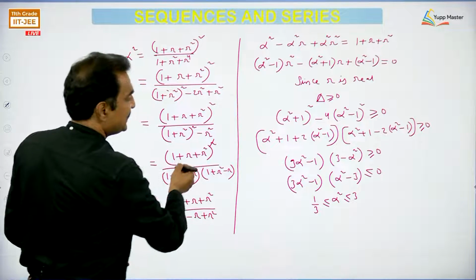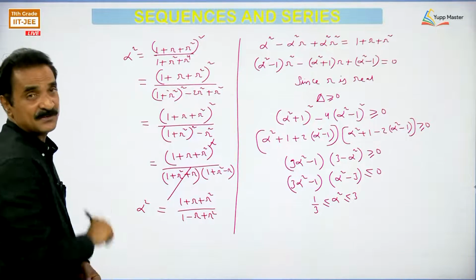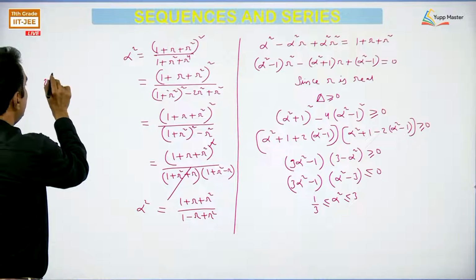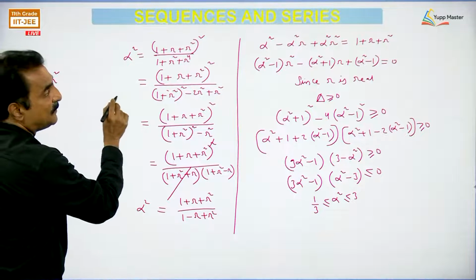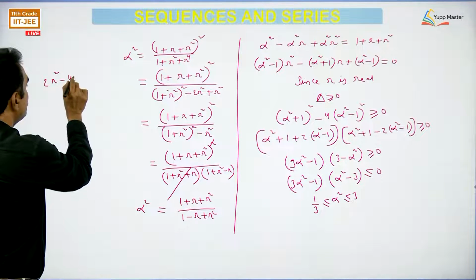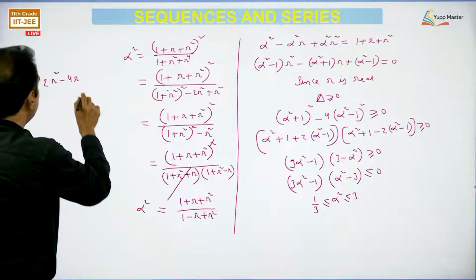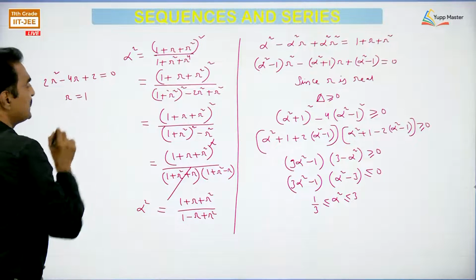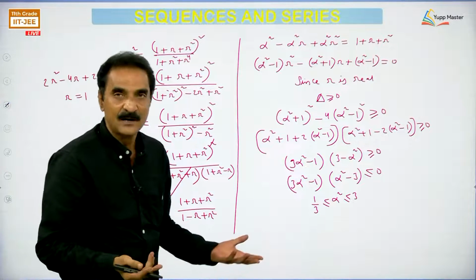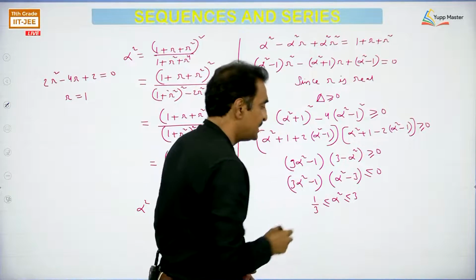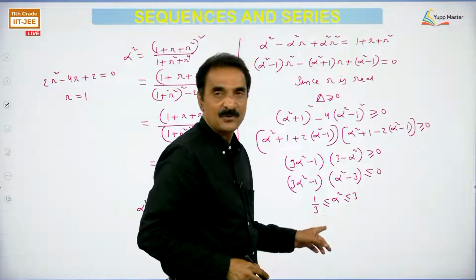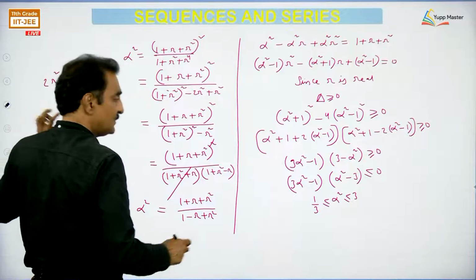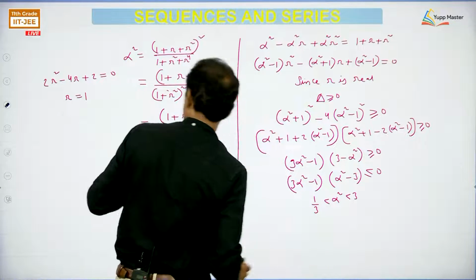Then if you check the equation, suppose alpha square is equal to 3, I am substituting, that becomes 2r square minus 4r plus 2 is equal to 0. Then you are getting r is equal to 1, not allowed. So, we have to remove the equality here. In the same way, you can substitute alpha square is equal to 1 by 3 and check. You cannot take equality.